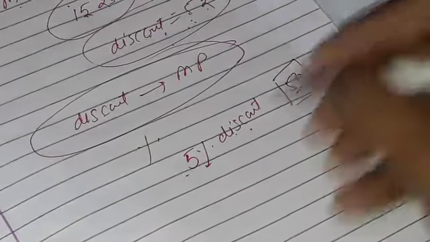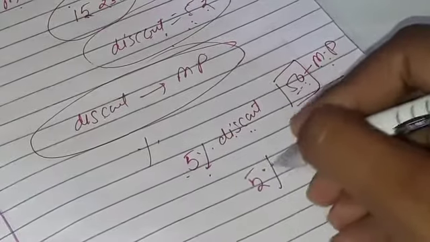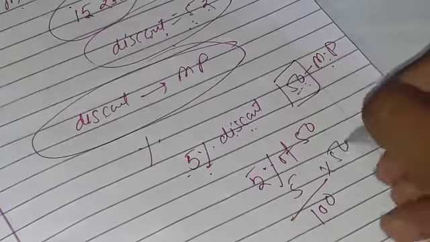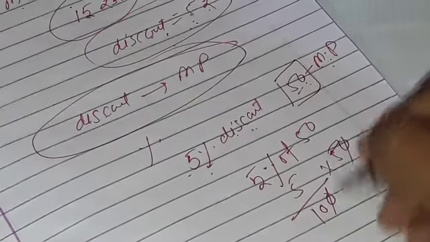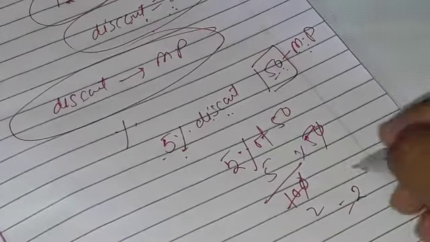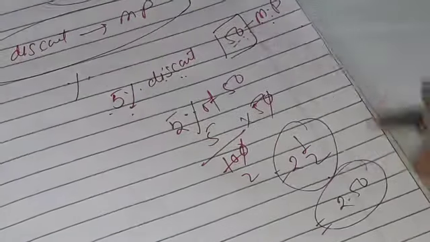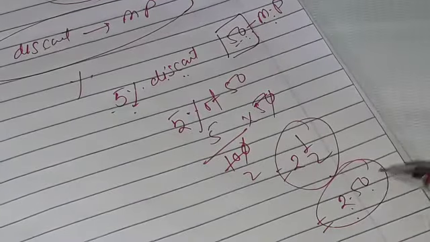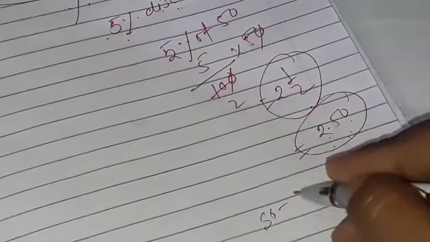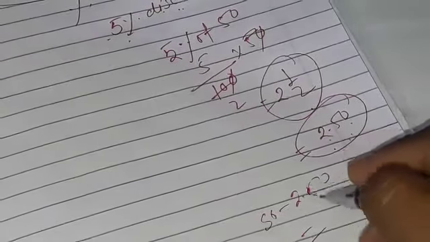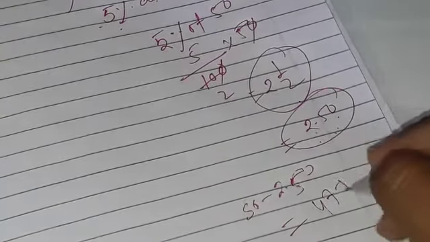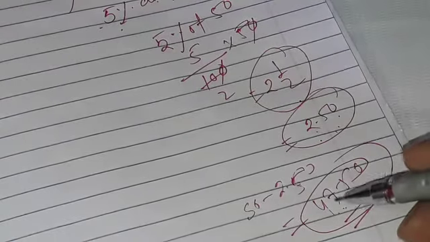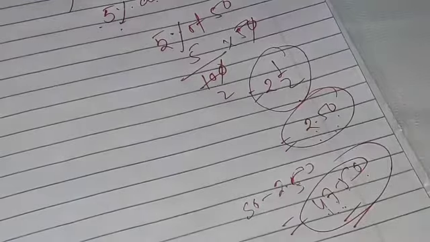If the marked price is 50, then 5% discount means 5% of 50, and 5% of 50 means 2 complete 1 by 2. So the shopkeeper will provide you 2.5 rupees discount. Cost of that object is 50 minus 2.50, 47.50. So 5% discount means, class, you will get that object for 47 rupees 50 paisa.